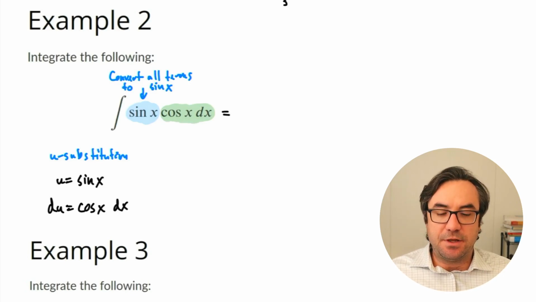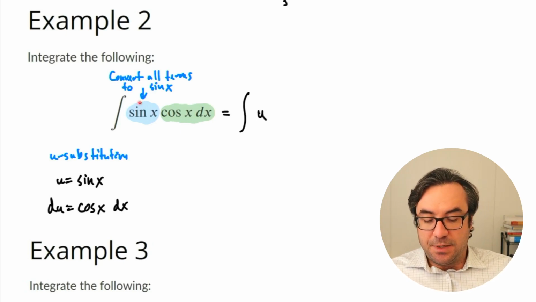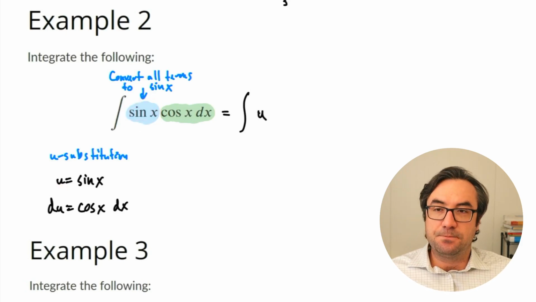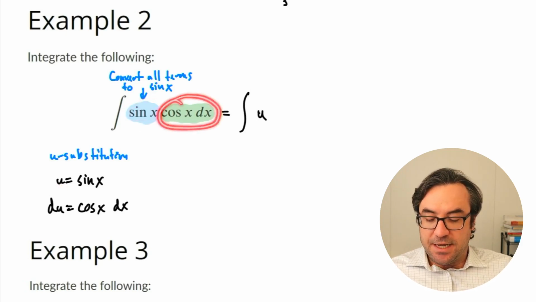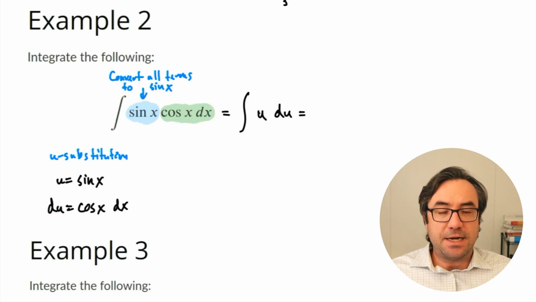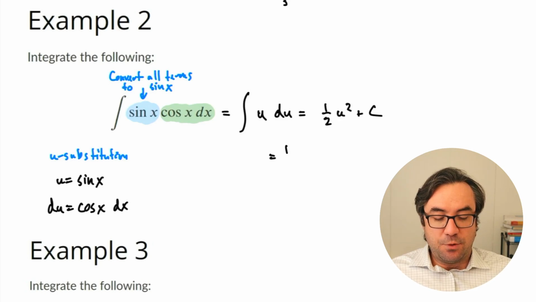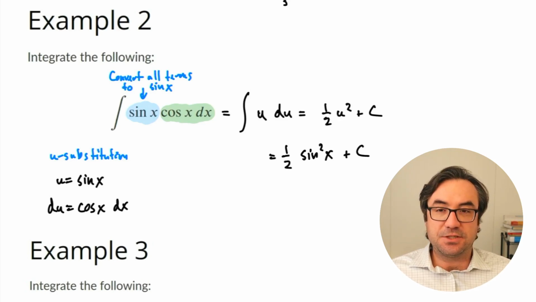Then we fill in the pieces for our u substitution. So this becomes the integral of u, because the sine becomes u, and the cosine x dx becomes du. Then the antiderivative of u is 1/2 u squared plus c. And then we convert back to x. So we end up with 1/2 sine squared x plus c.